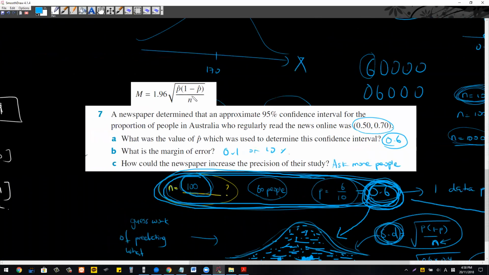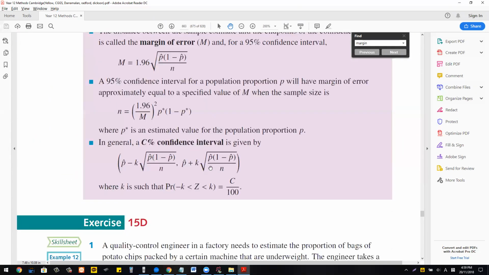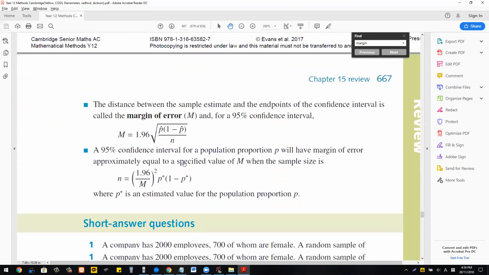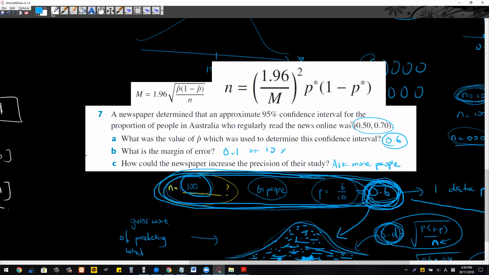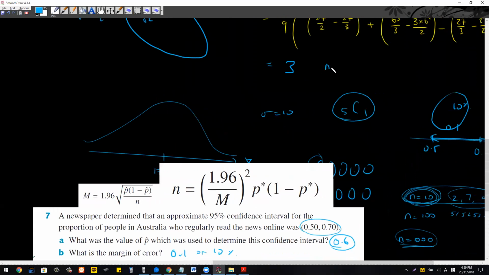That's the sample size. So if you flip this equation, you get this one here. Do you understand? So I'm going to use this one here. I've got n equals, have a look, 1.96, and this 1.96 is used when it's a 95% confidence interval.